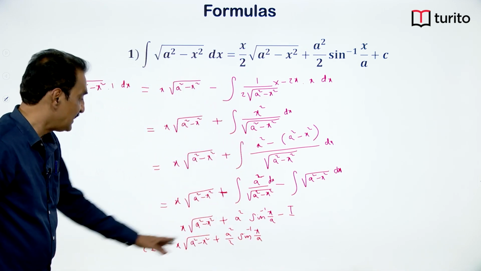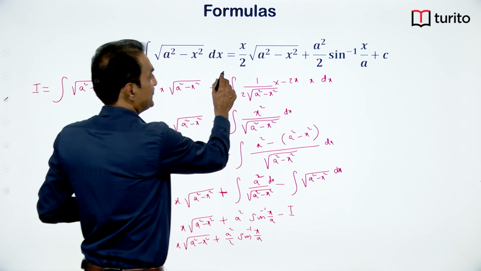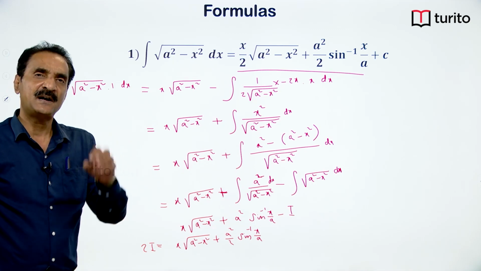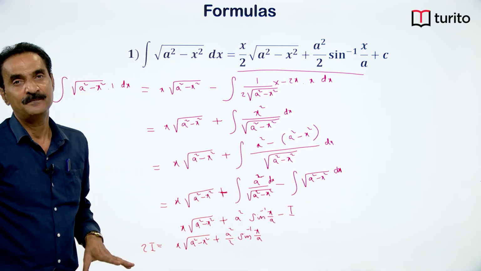Then dividing by 2, we get this result. Finally, we write plus c. After getting the final integral only, we write plus c.